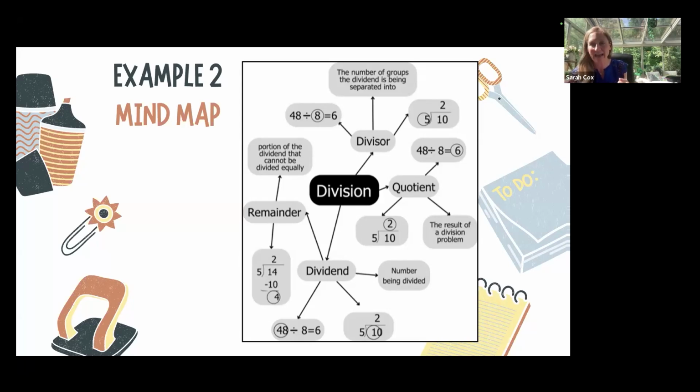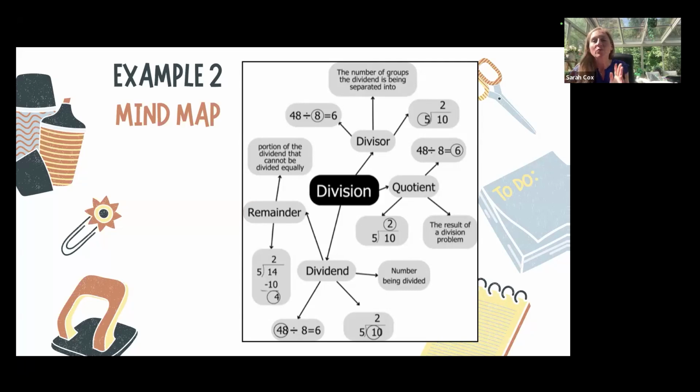Let me write that down so that I know what that is. When she says the word divisor, what she's talking about is the number of groups that it's being divided into. And the quotient is then my result. So he was writing those things down in the moment to help him remember.